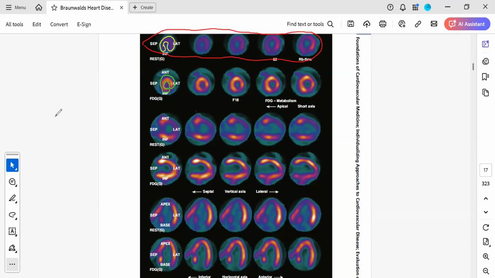Okay, so this is when you use FDG glucose for activity. I think there will be another slide for that of stress. So when we get to that one, I can use that of stress also to explain. Now, one other important thing we mentioned when we are looking at these slides is to look at the cavity.